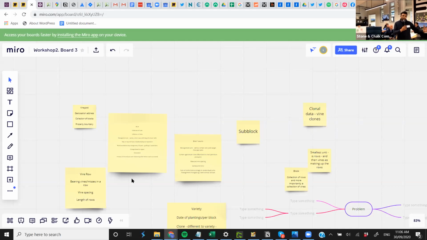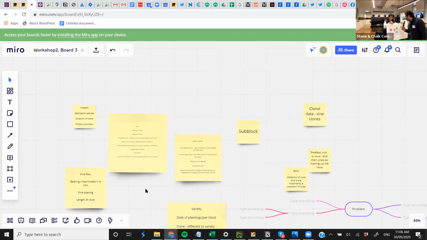We may have five bays that make up one block, so that adds an extra layer of complexity. So what is a vine row? It's a continuous linear swath of vines, a continuous canopy of vines in an operational orientation.